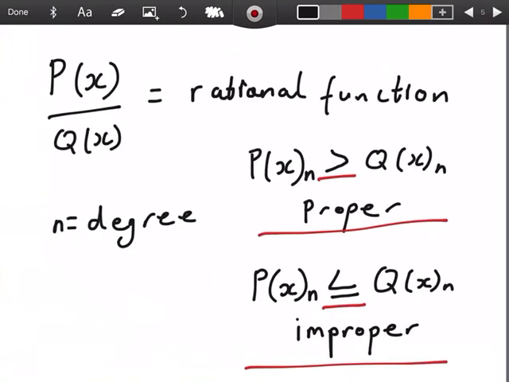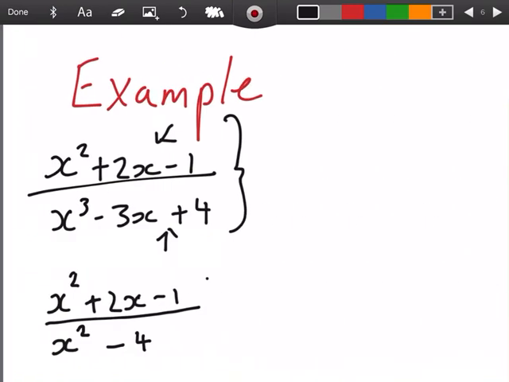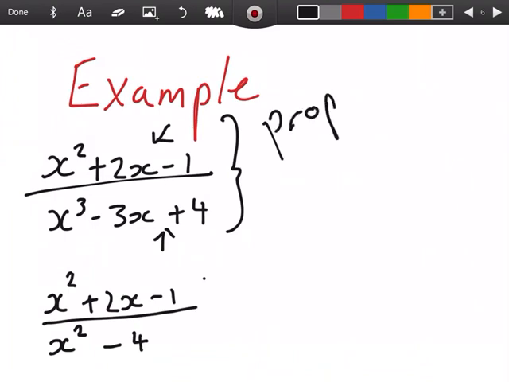If we look back to our rules, it follows this rule. So it is a proper rational function. Proper. Let's have a look at the next one. I'll just change that wording. Stuff like that bugs me.